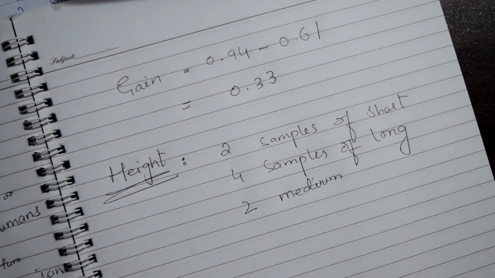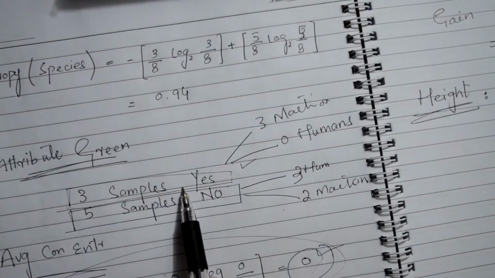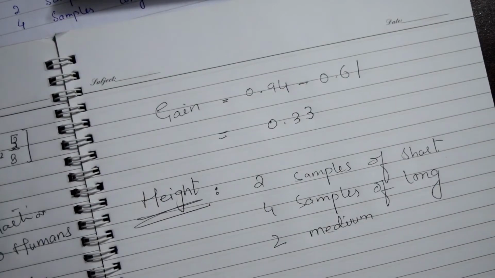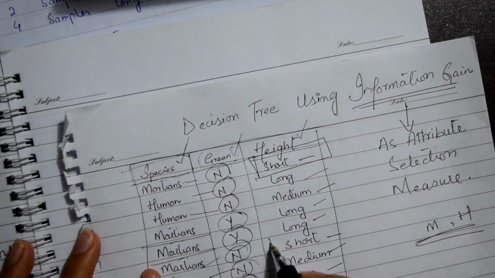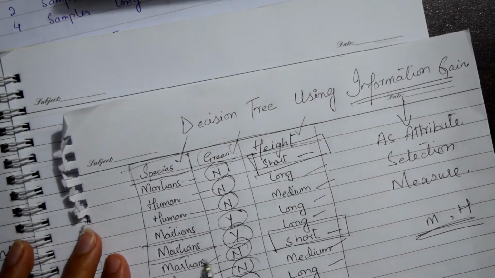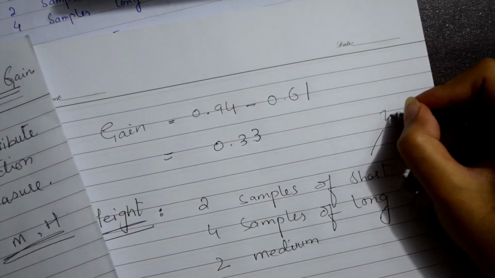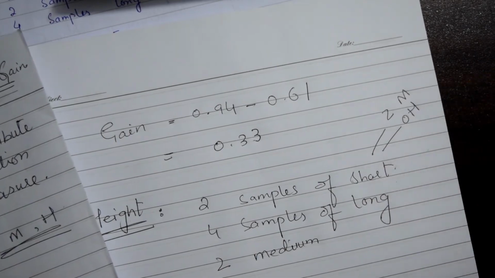Now, as before, for these samples we have to see which are Martians and humans. In the 2 samples of short, we have Martians and Martians: 2 samples of Martians, 0 samples of human.